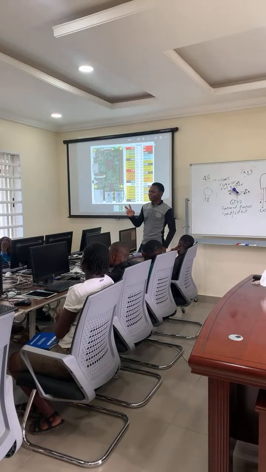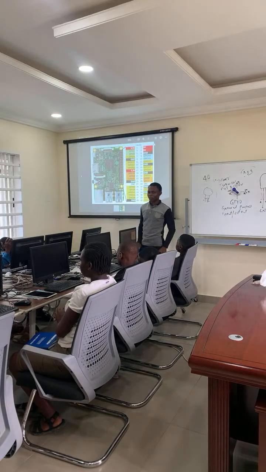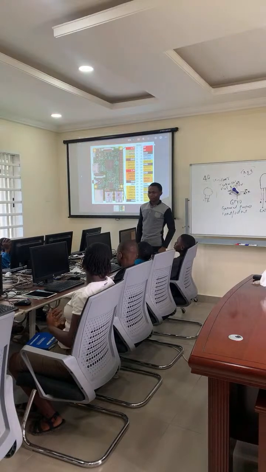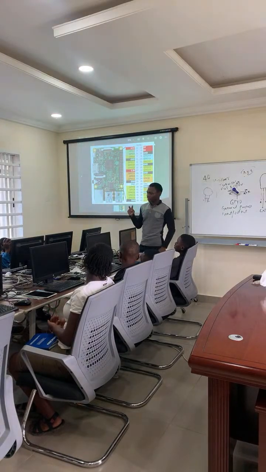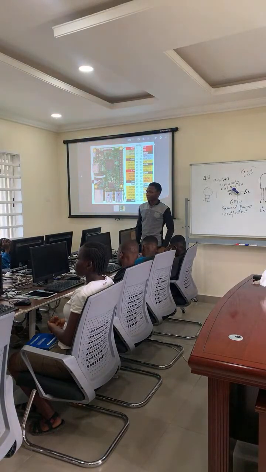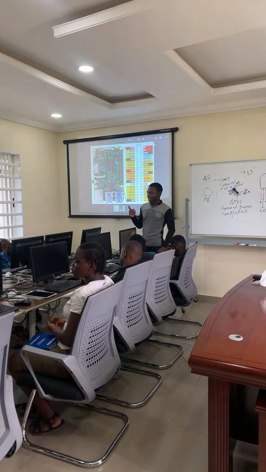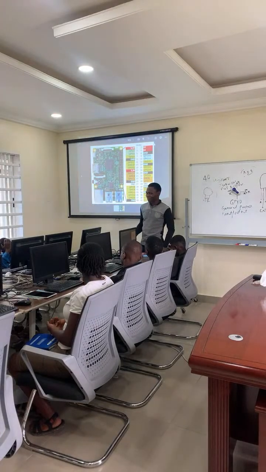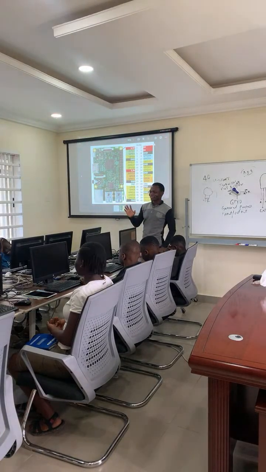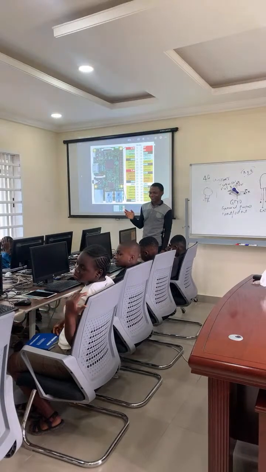So which of the cables was it that shocked us? We said every component has positive and negative, red and black, right? So was it the red wire or the black wire that shocked you? Red or black? Black. It was the black that shocked you. Who else did the black wire shock?